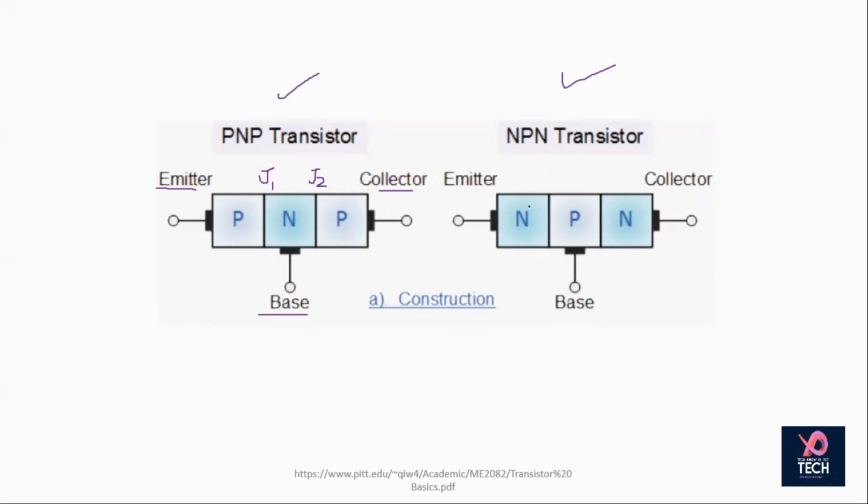Similarly here, you have two junctions, J1 and J2, and the same terminals, emitter, base and collector. The only difference is that here N-type material is sandwiched between two P-type semiconductors, and here P-type material is sandwiched between two N-type materials. We have done this in the previous classes also.